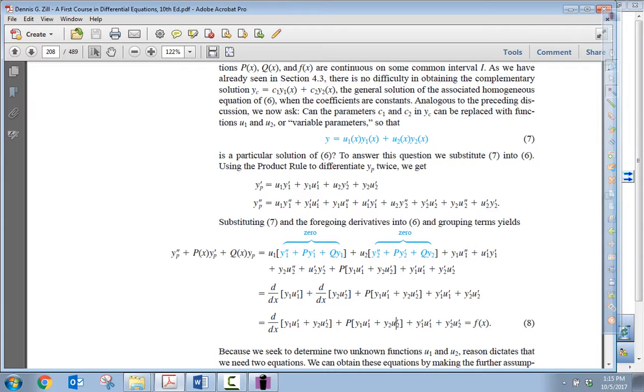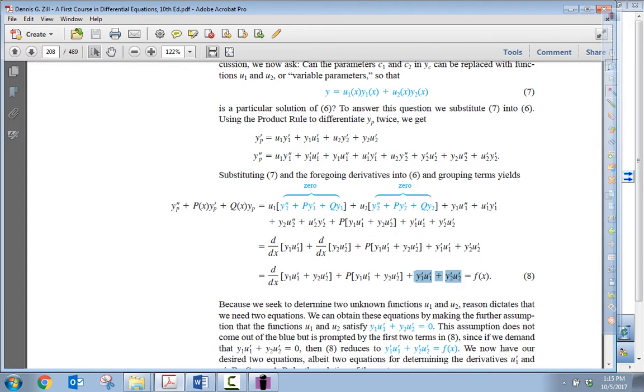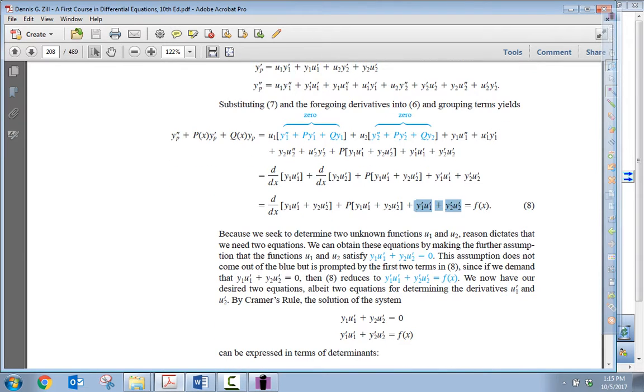If these two things are supposed to equal f(x), then a couple of these things must equal f(x). So they come up with a system of linear equations that looks like this, and with that system they use Cramer's rule to solve for it. So that's the connection.